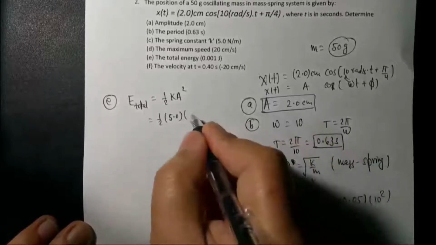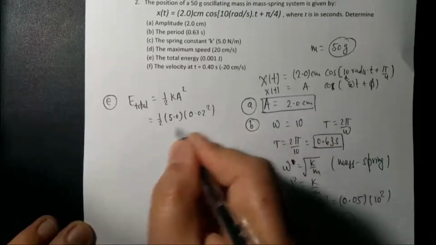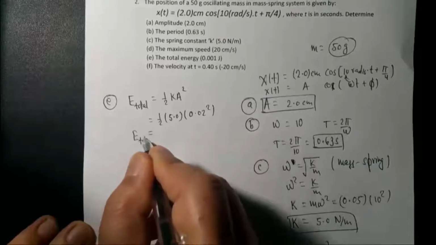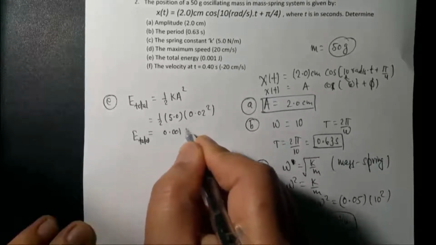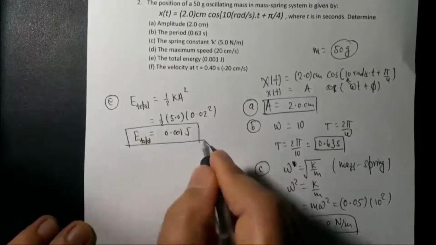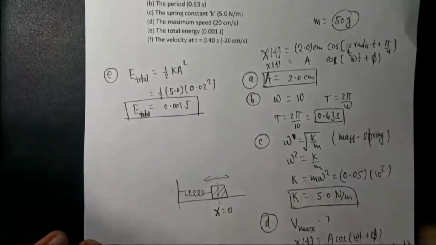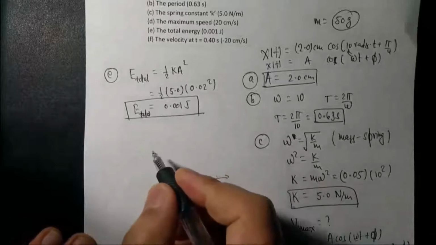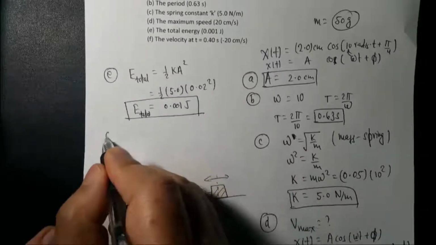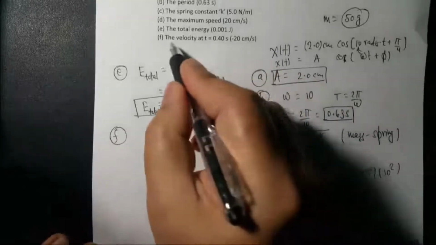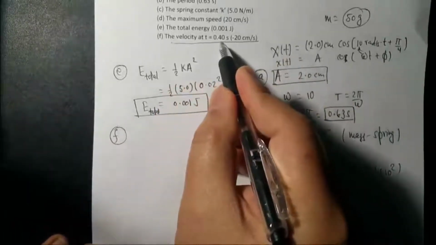Amplitude is just 2 centimeters, 0.02 square. So that's the total mechanical energy of the oscillator, 0.001 joules, just 1 millijoule.